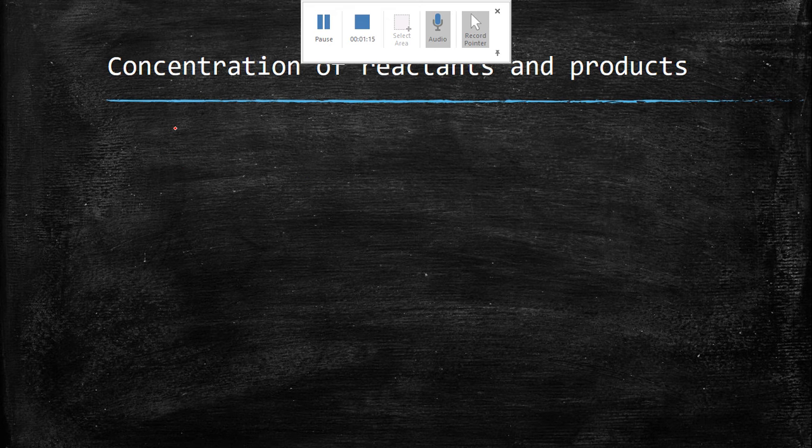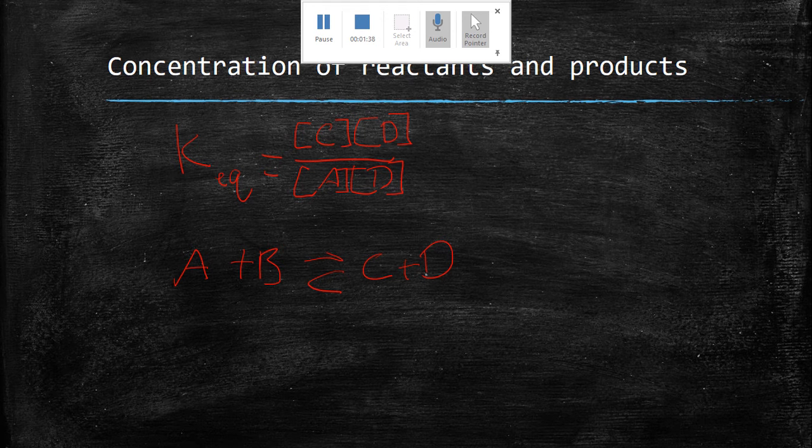Now, the equilibrium constant K for a reaction, let's say A plus B is in equilibrium with C plus D, can be expressed as the concentration of C times the concentration of D over the concentration of A times the concentration of B. So, if, for example, we increase the concentration of C, that's going to put a stressor on this side of the reaction.